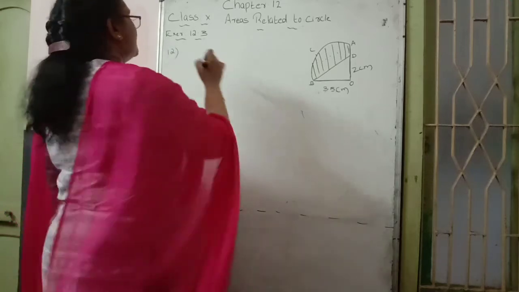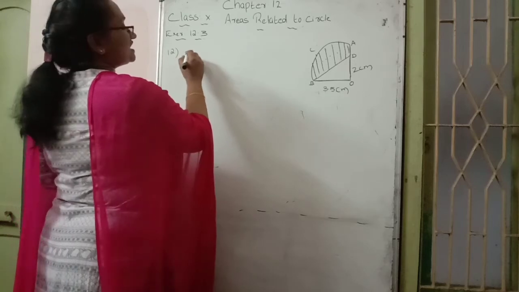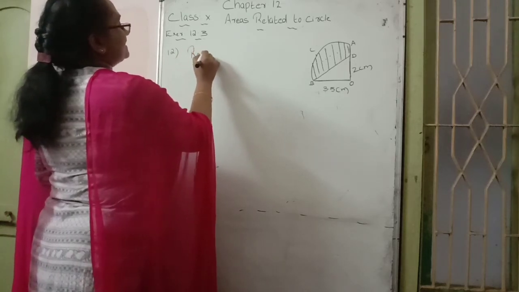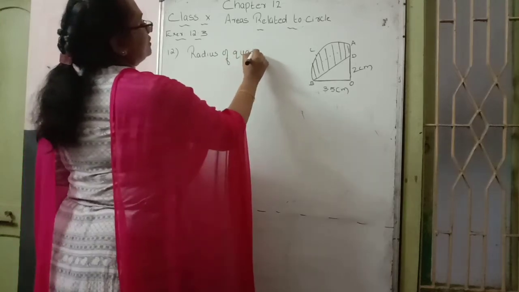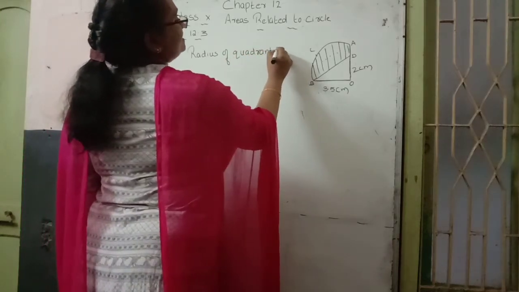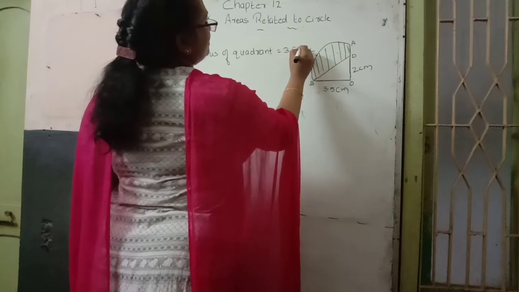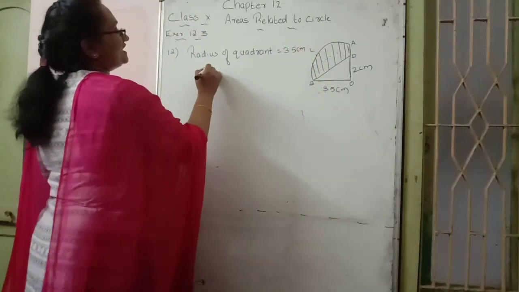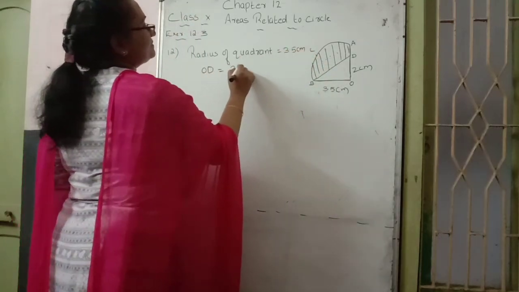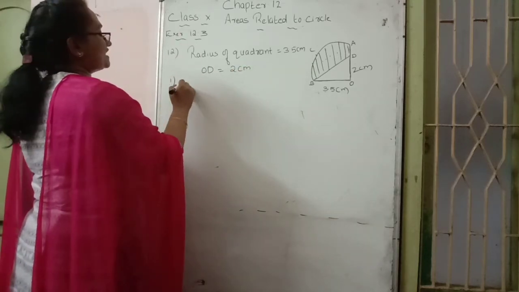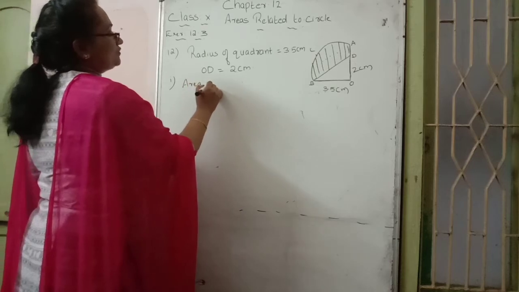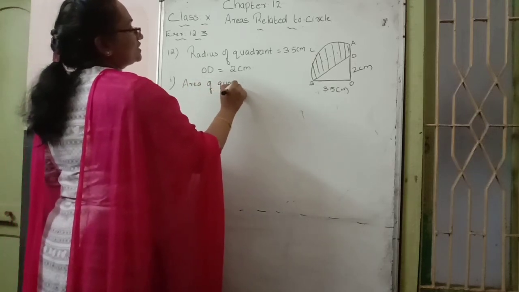Two parts are there. So the first part we can write it as: radius of quadrant is equal to how much? 3.5 centimeter. Then OD part is given as how much? 2 centimeter. First part, they ask you to find the area of quadrant.